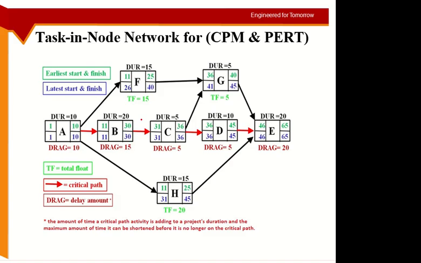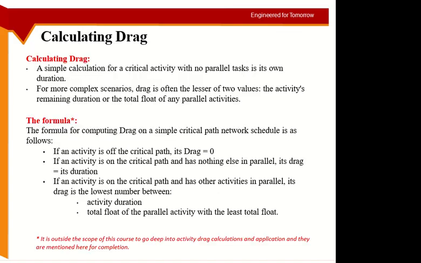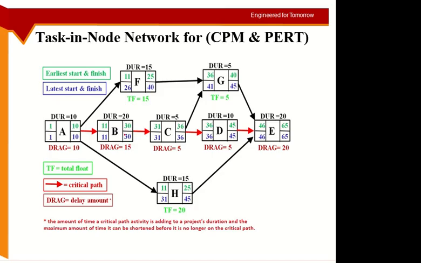According to this rule, it will be either one of these two. So if I look at activity B, the drag of activity B is equal to its duration or the lowest total float of the parallel activities.